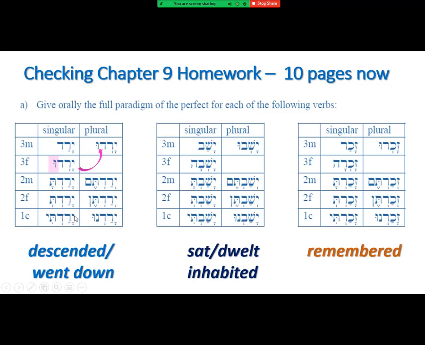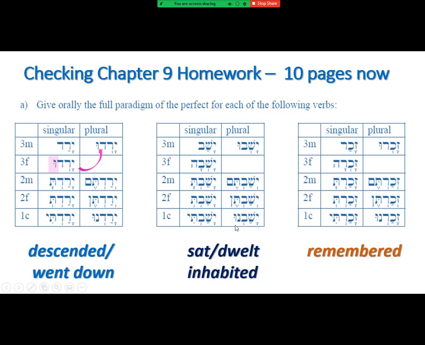If I descended, it's Yaradti. Now for the plurals. Y'all descended, whether male or female, is Yardu. Then Yaradtem, Yaradten, and Yaradnu, so we descended. Y'all males descended, y'all females descended, and they descended, whether male or female.